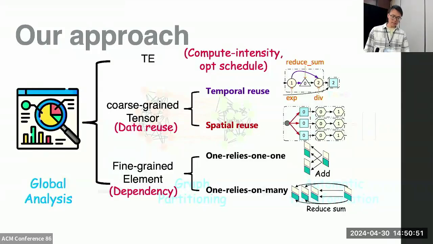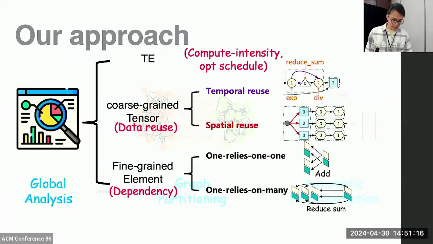The first is temporal reuse, which means one tensor is accessed by another operator later. And secondly, spatial reuse, which means one tensor is consumed by a branch of operators without dependencies between them, so we can increase the parallelism.